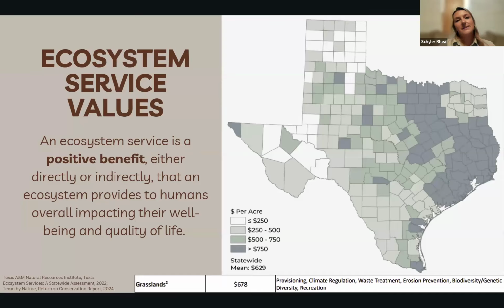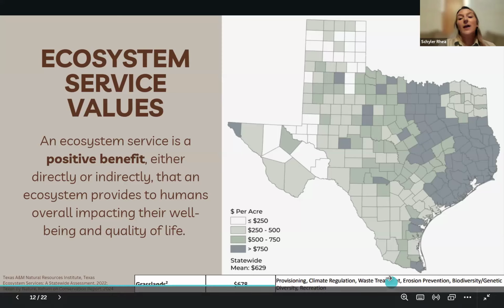Some of the benefits that we just discussed: carbon sequestration, flood mitigation, crop pollination. You can put those into a value for that ecosystem and come up with a general idea of what it is providing to us as humans.